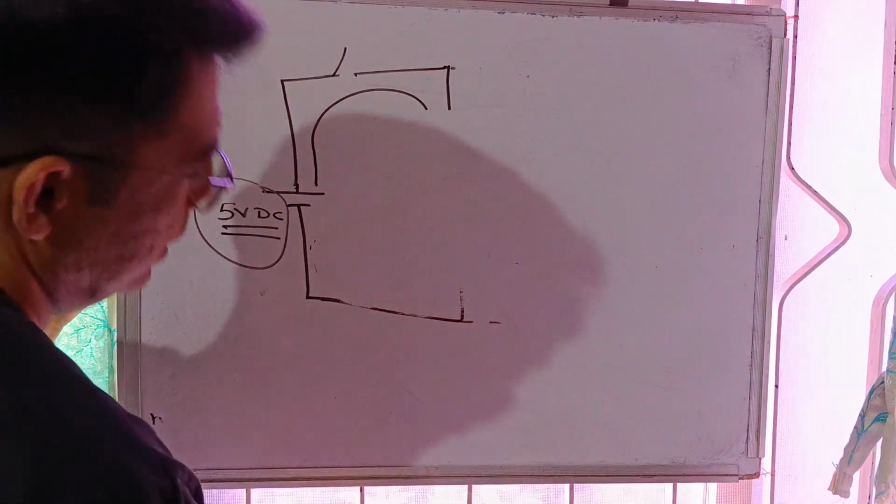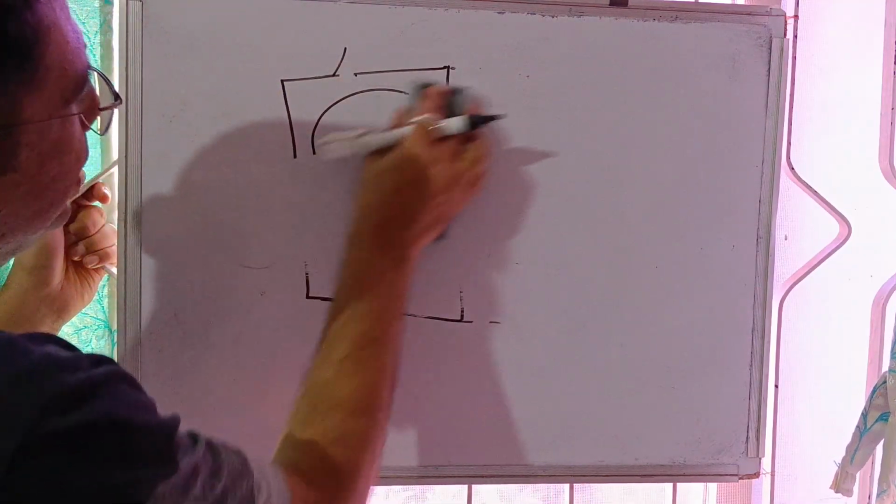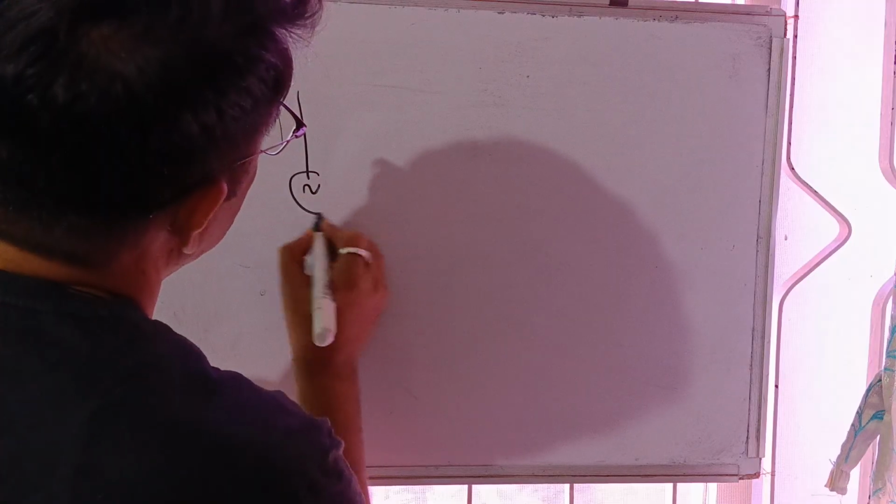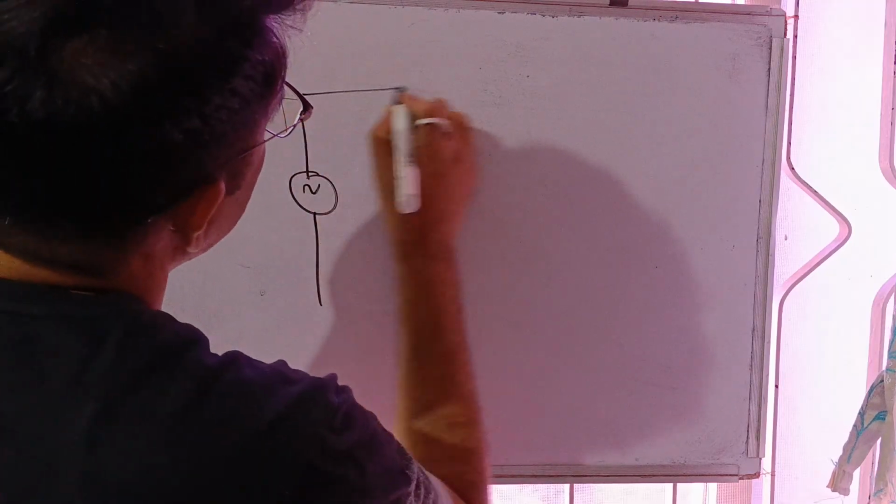Now let us say instead of DC we provide AC voltage. AC is nothing but alternating voltage.